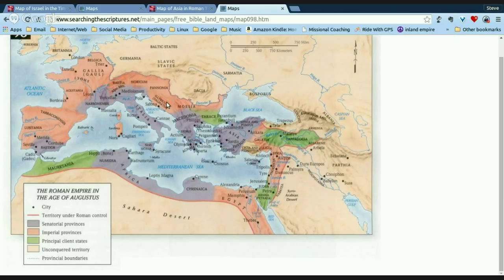So those three significant events, the Greek lingua franca, the Roman peace, or the Pax Romana, and the Jewish diaspora, all three of those events serve to really facilitate the spread of the gospel.